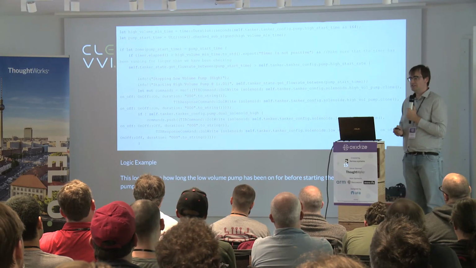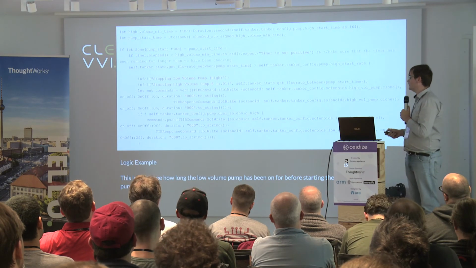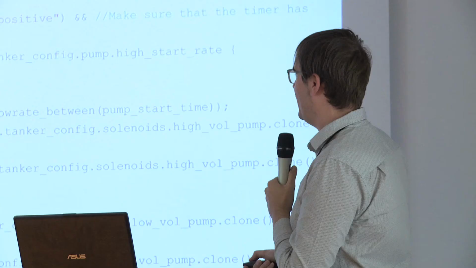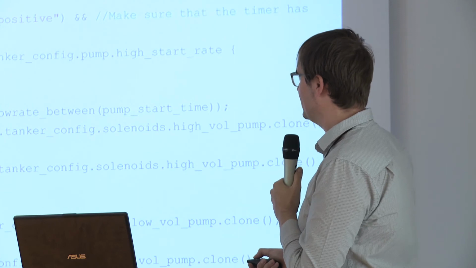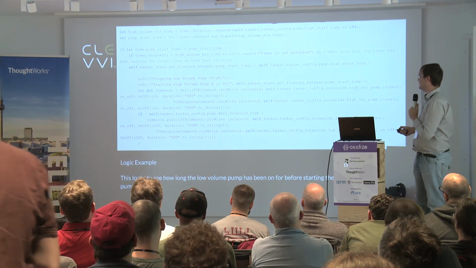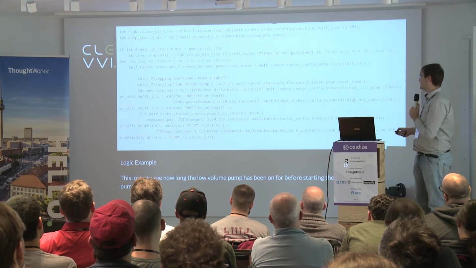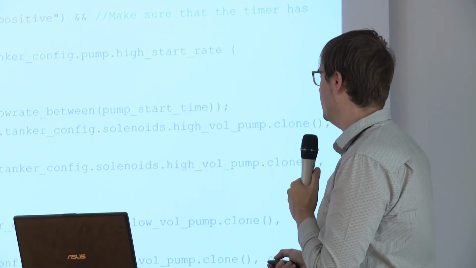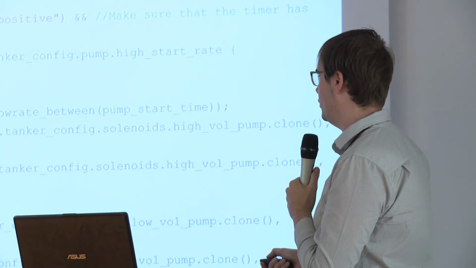So this is an example of how the logic looks. It looks extremely complicated, and it is. However, basically all we're doing is stopping the low volume pump and starting the high volume pump. So we send the command to the interface board, which tells us which solenoids turn on and off.